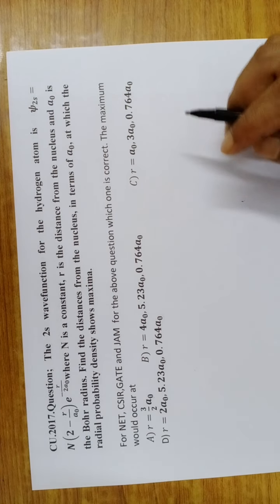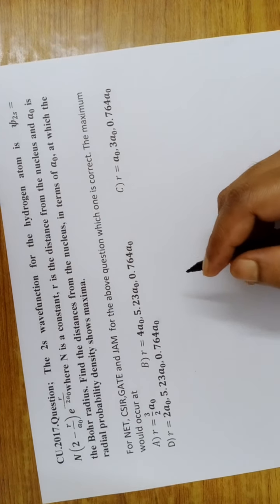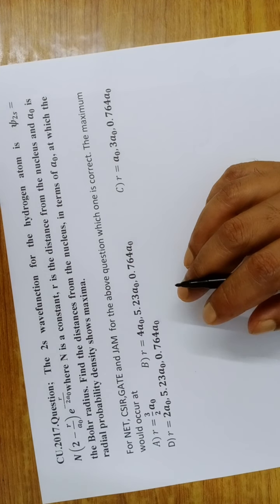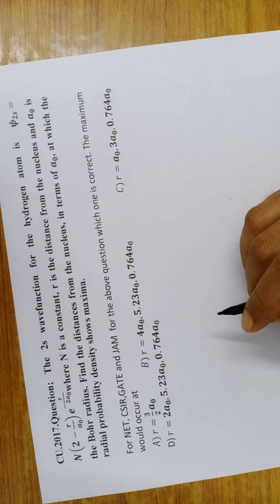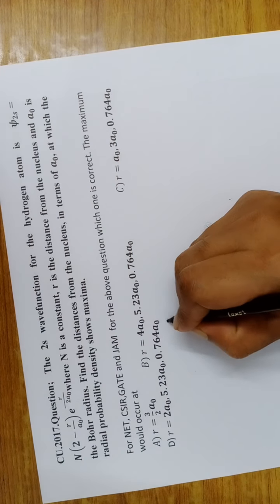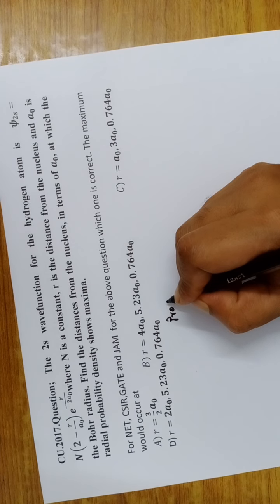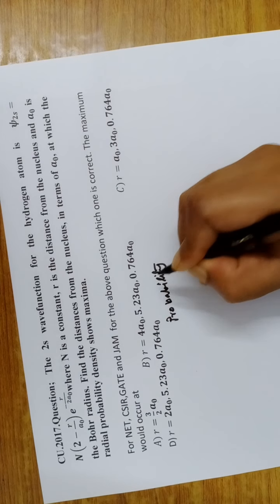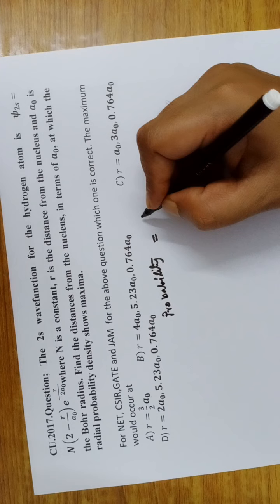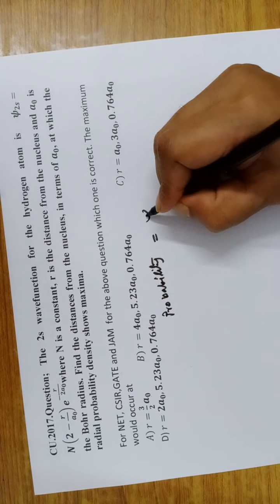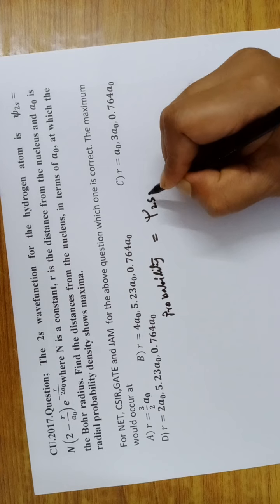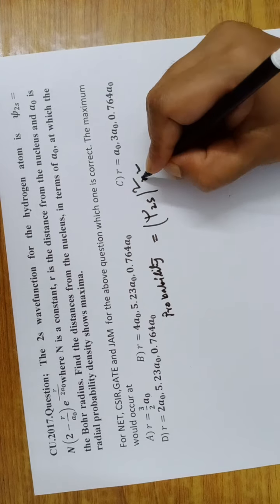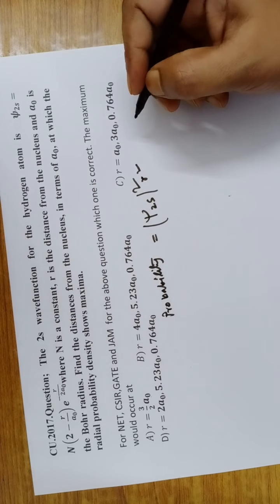So to calculate this radial probability density maxima, we should get the probability. There is another same formula. Probability equal to psi 2s squared into r squared, which is the radial distribution function.